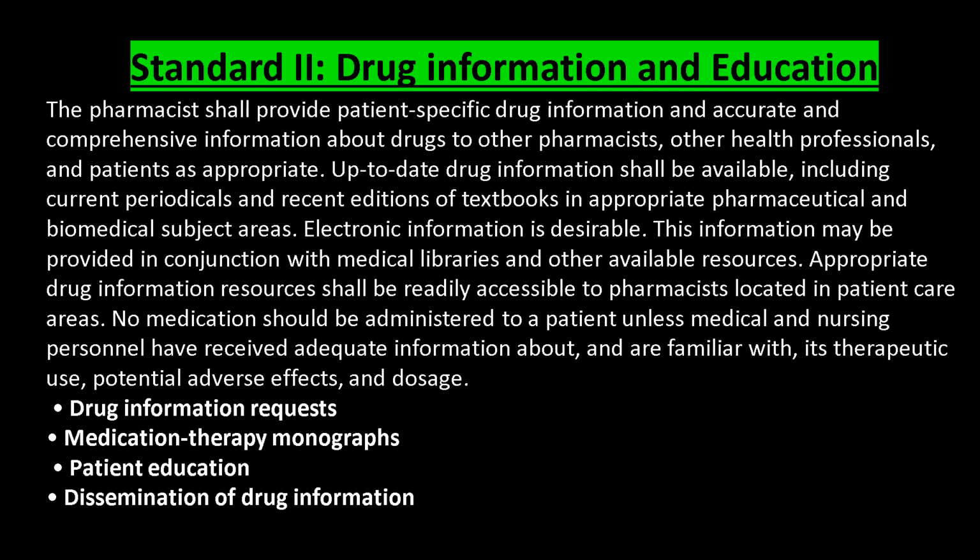Appropriate drug information resources shall be readily accessible to pharmacists located in the pharmaceutical area, that is called the drug information center. No medication should be administered to a patient unless medical and nursing personnel have received adequate information about and are familiar with its therapeutic uses, potential adverse effects, and dosage.